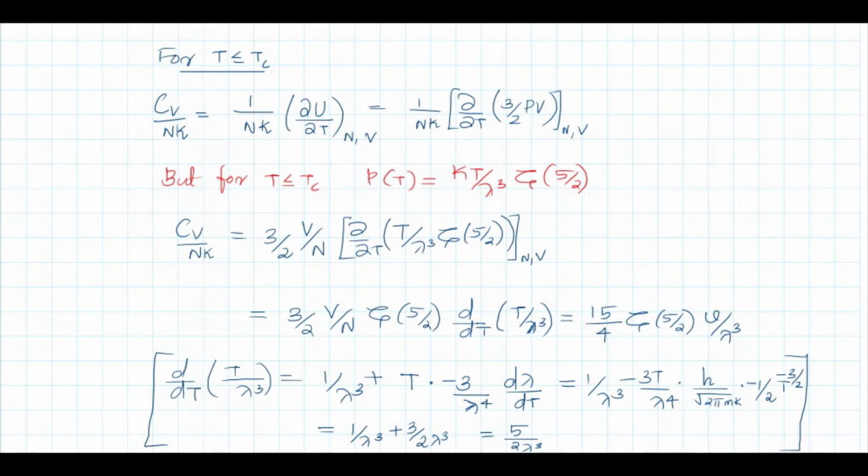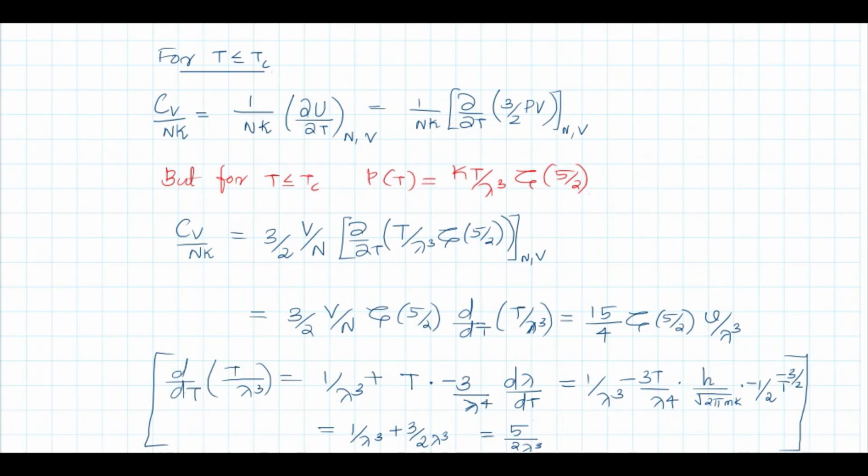Why? Because d/dT of T/λ³, you can write as 1/λ³ times the derivative of T, that is 1, plus T times the derivative of 1/λ³. That is nothing but minus 3/λ⁴ times dλ/dT. What is dλ/dT? It is h divided by root 2πmk times minus 1/2 T raised to minus 3/2, which is 1/λ.